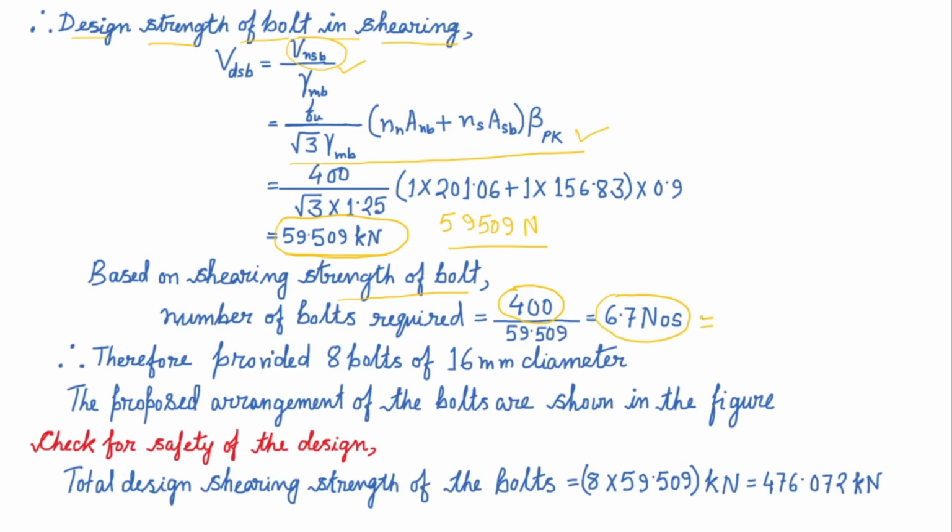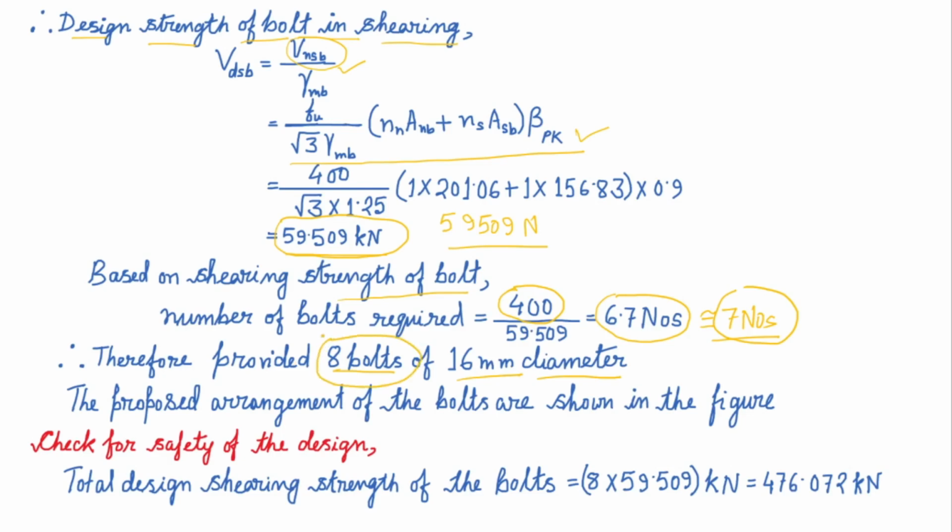So it is approximately 7 numbers. But we have provided 8 bolts of 16 mm diameter. Though the number of bolts required comes out as approximately 7, we have provided 8 bolts.